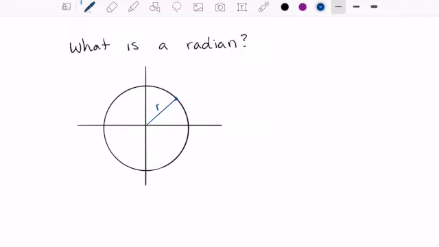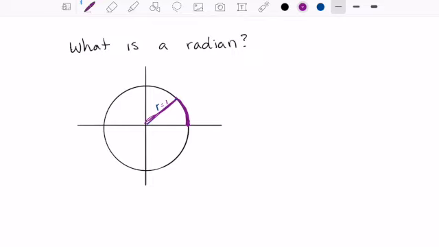So if we have a circle, and in more context, if we have the unit circle, we know that the radius of the unit circle is 1. Well, a radian is simply taking the measure of its radius, of that radius 1, and when we lay it down along the circumference of the circle, that's a radian.